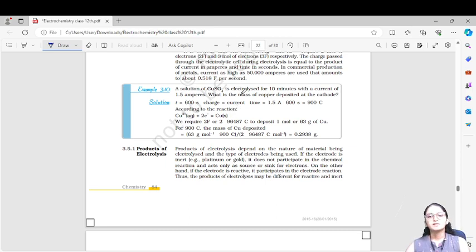Next, we will see this problem. A solution of copper sulfate is electrolyzed for 10 minutes with a current of 1.5 amperes. What is the mass of copper deposited at the cathode? Time is 600 seconds, current is 1.5 amperes, and charge is 900 coulombs.